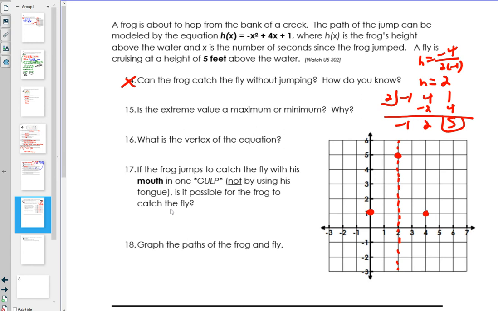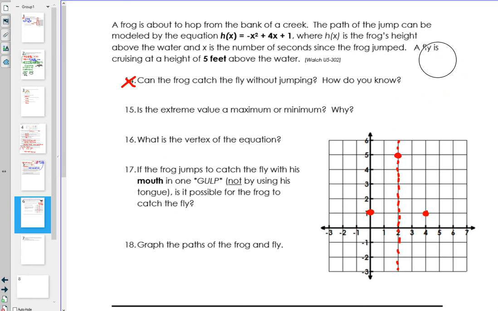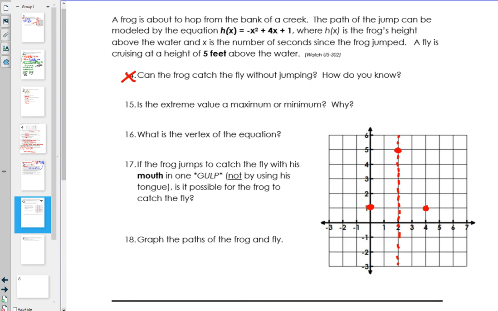If I want to see how long it's going to take to hit the ground, I don't know if they're going to ask me that later, I would need to factor. Does it ask me later on? Doesn't look like it's going to ask.